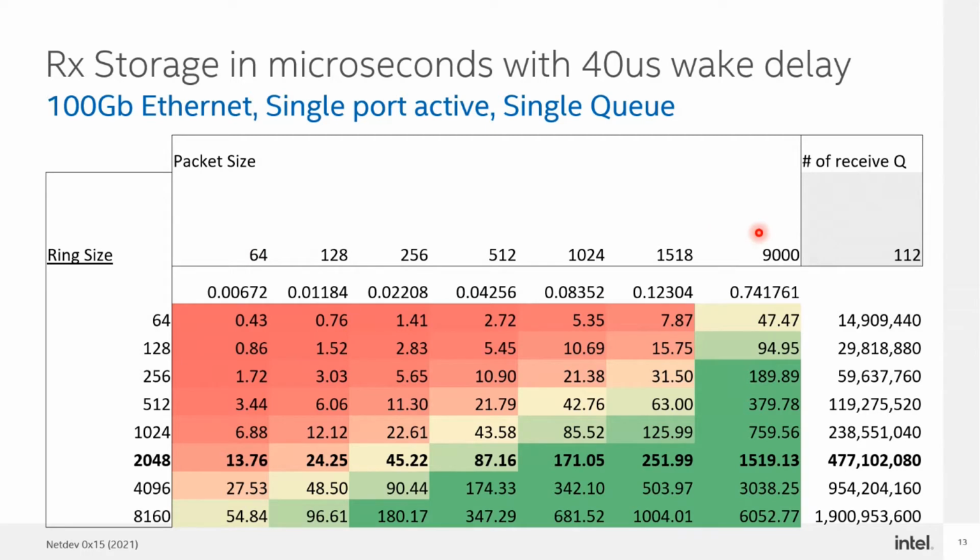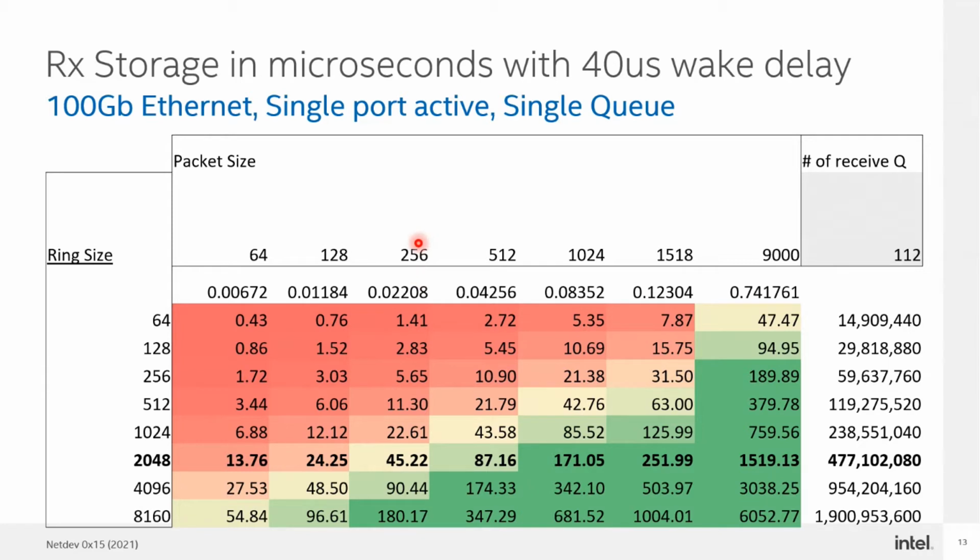Across the top here, we have the different packet sizes that this table is representing. What the red and the yellow are showing is the opportunity for dropped packets to occur when you have a single queue taking in 100 gigabit Ethernet at line rate. This is a somewhat unlikely thing, but it demonstrates that any core would have to wake up at least this fast. Otherwise, it's going to drop packets.